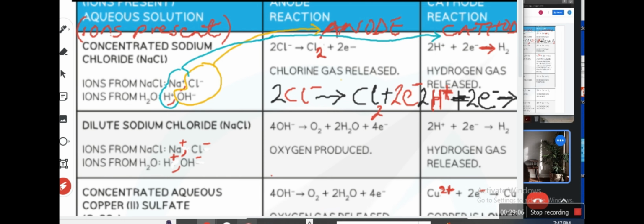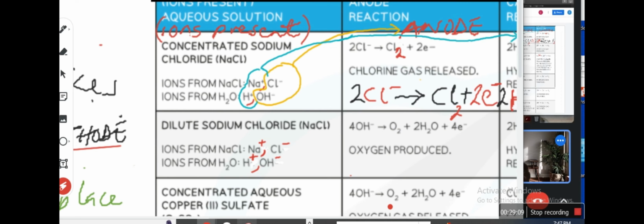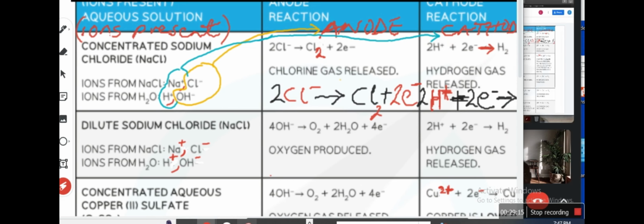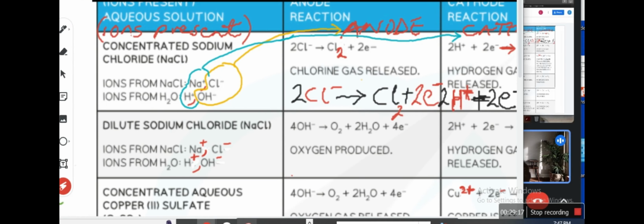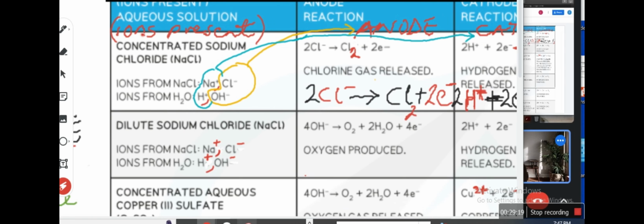I'm going to write that down later. Another factor is concentration. The ones that are more in number. Like concentrated sodium chloride.